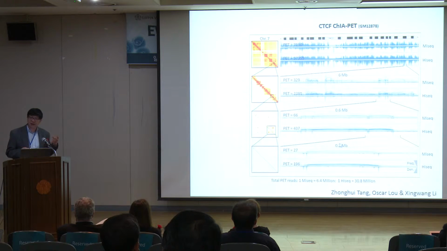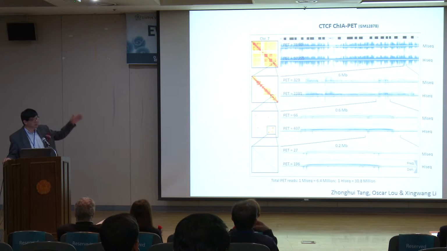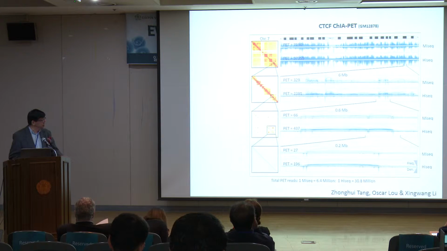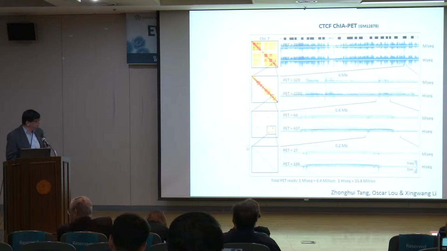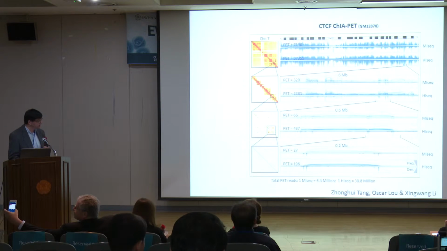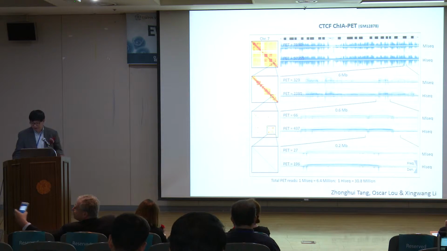So we can do a cross-technology comparison, showing that both methods can reproducibly capture the higher-order chromatin contact information. The only difference is that the ChIA-PET method can capture very detailed protein-factor-mediated chromatin interactions between the specific binding sites.